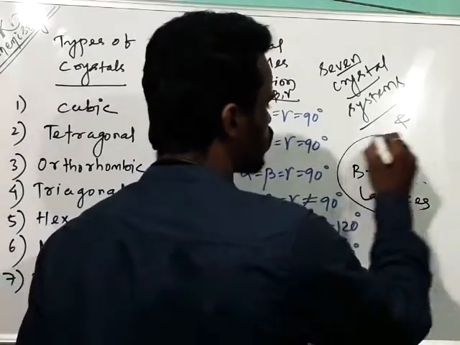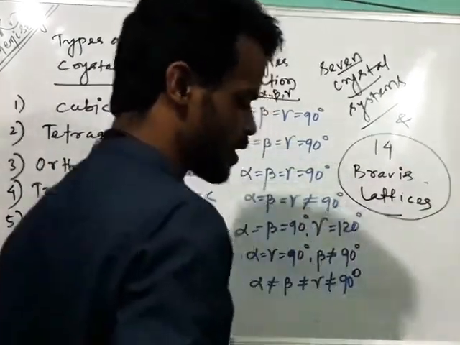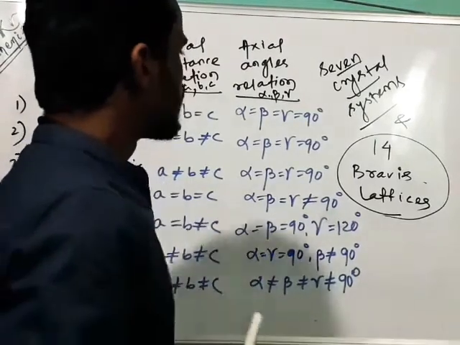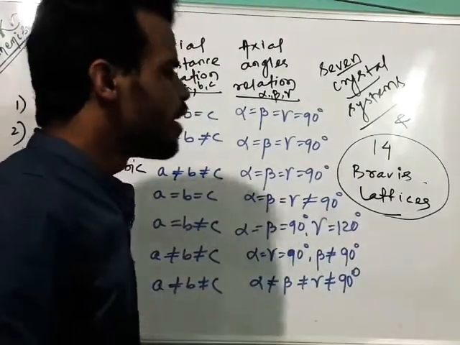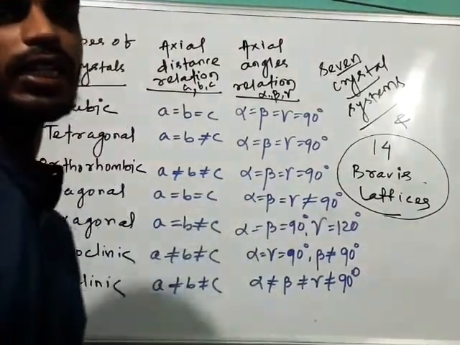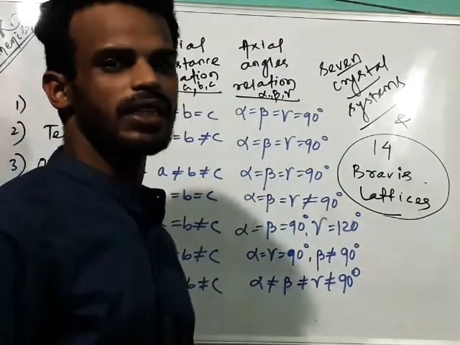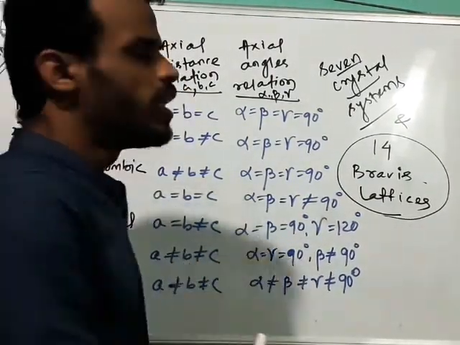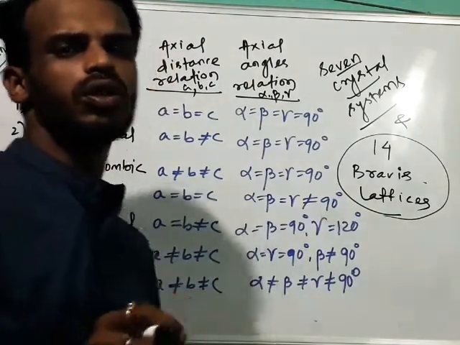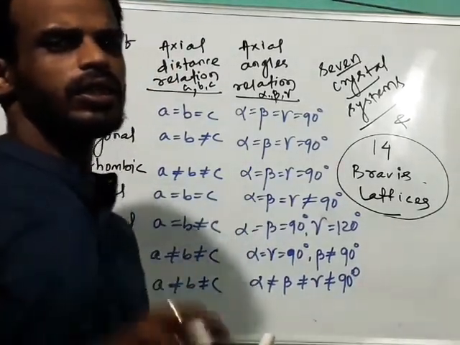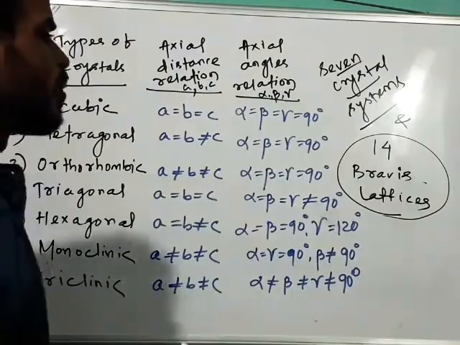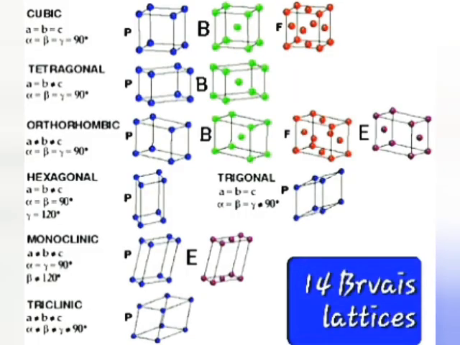What are those 14 Bravais lattices? As this is a 3-dimensional space crystal lattice, I will explain these 14 Bravais lattices in a small slide. See this slide. Now you can see the 14 different Bravais lattices.